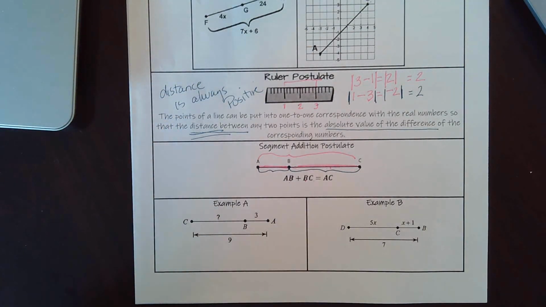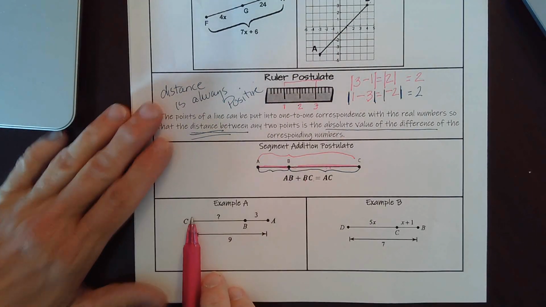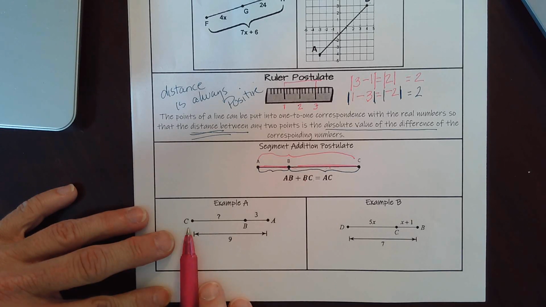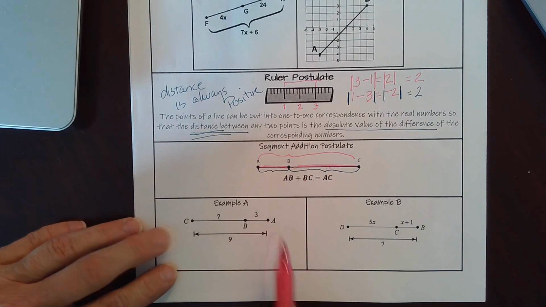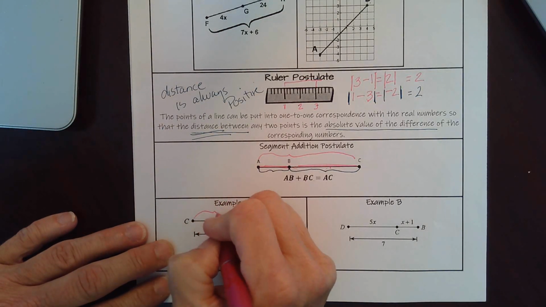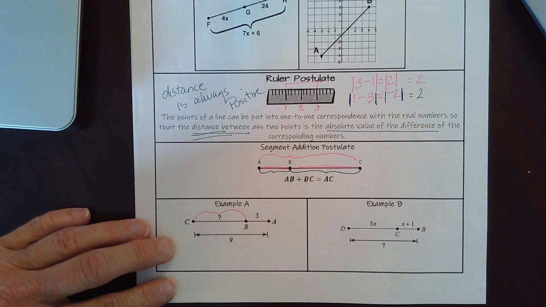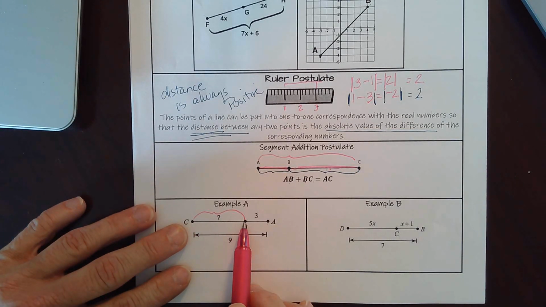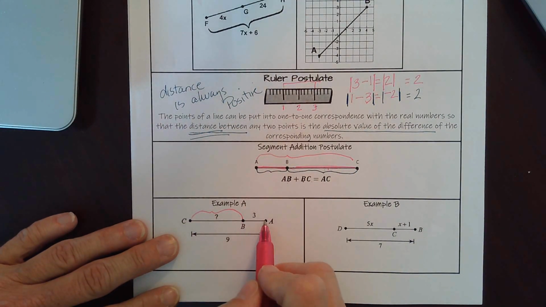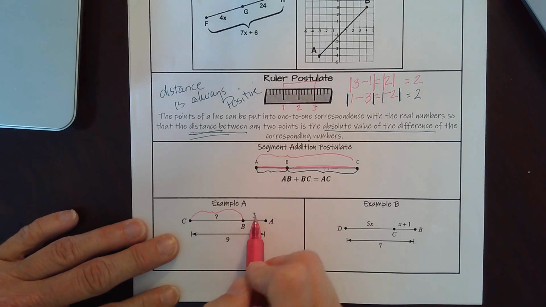So let's look at that for example. In example A, we've got a segment going from C to A. We know that this segment is unknown. We're not told what that measure is. We are told that this length from B to A is 3.